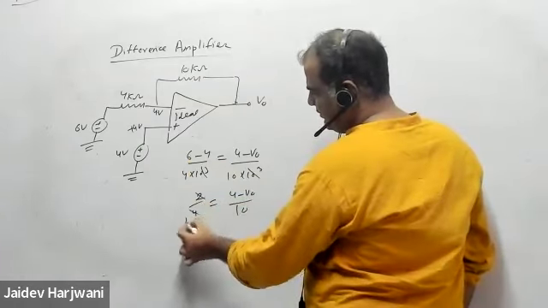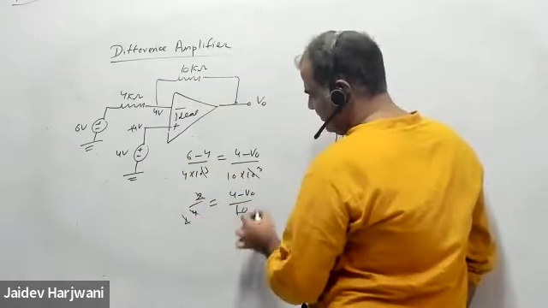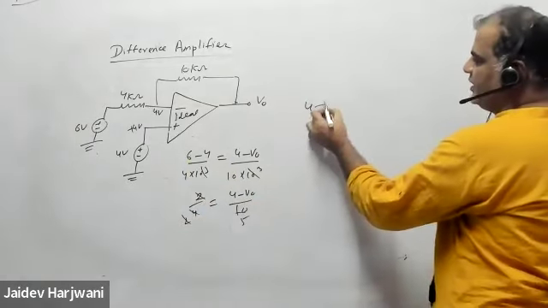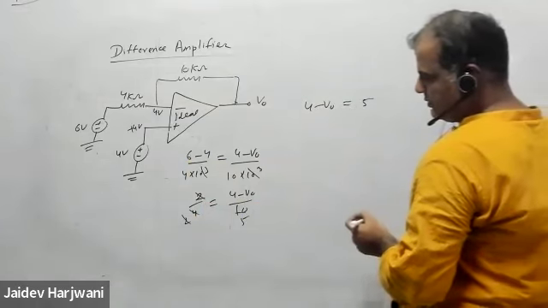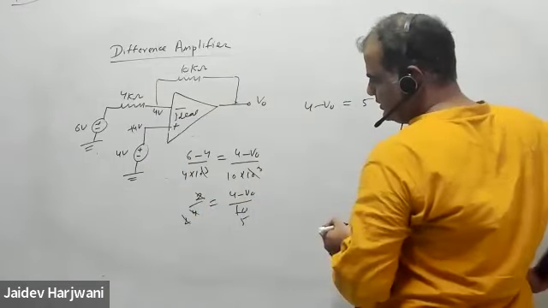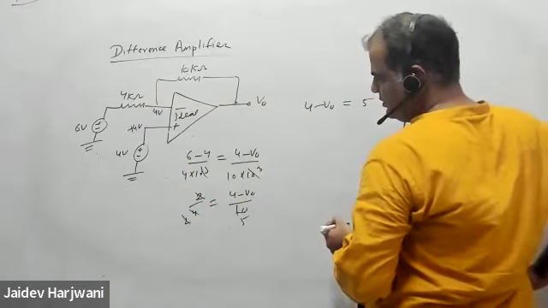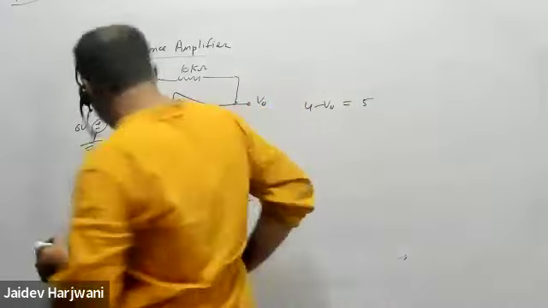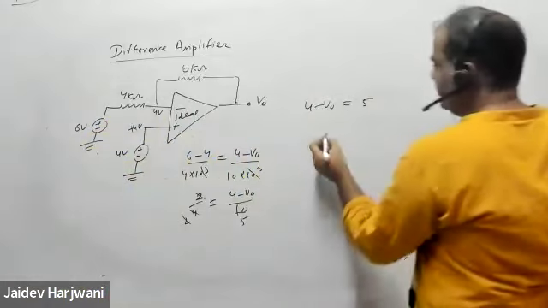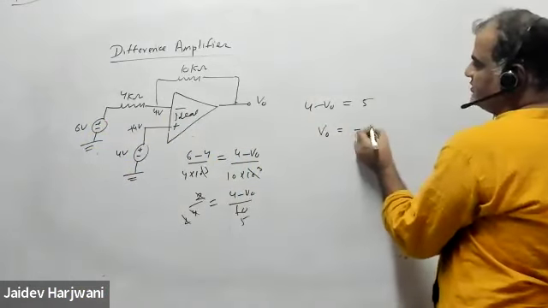This goes 1 time 2 and this goes 5. So 4 minus V naught equals 5. Correct. So how much will V naught come? Tell me. So V naught will be minus 1 volt.